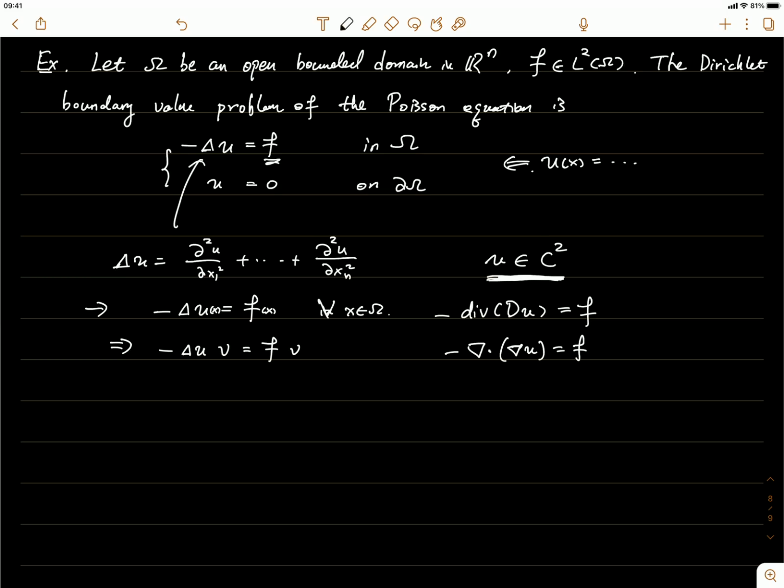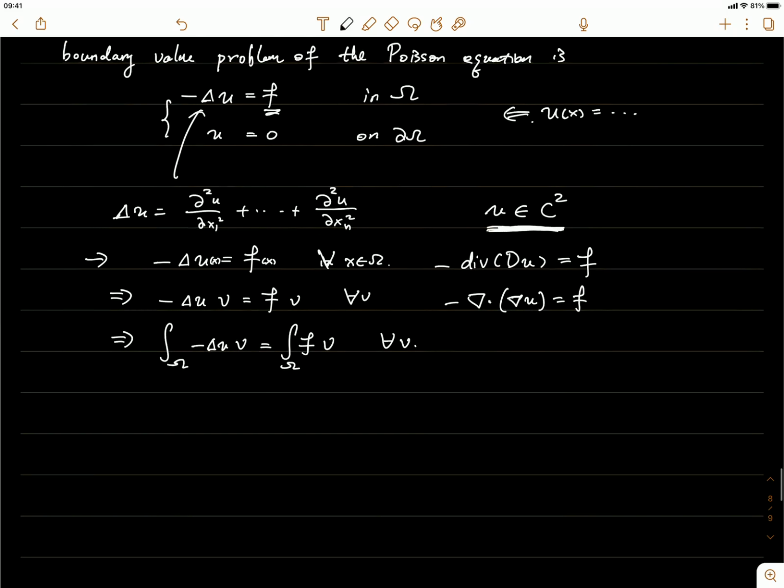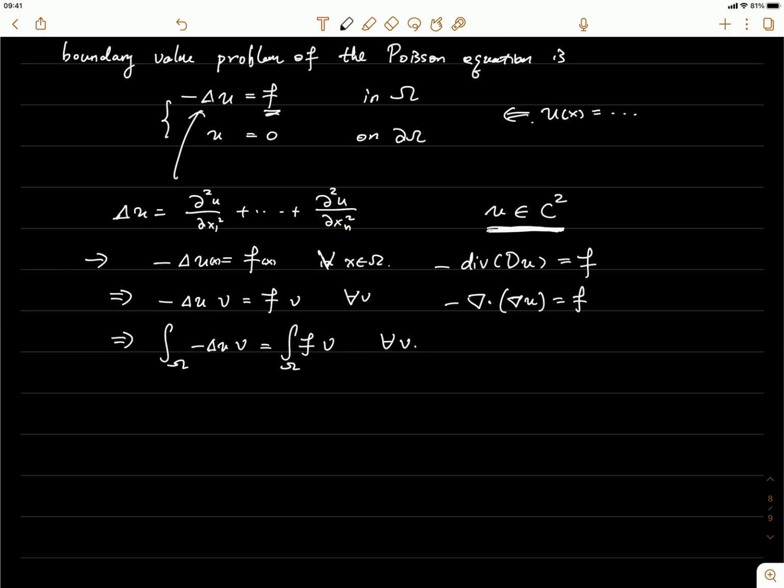After multiplying by v, I can take the integral on both sides. So I have the integral of negative Laplacian u times v equals the integral of f v. This should be true for any v, where v is a function from omega to R.